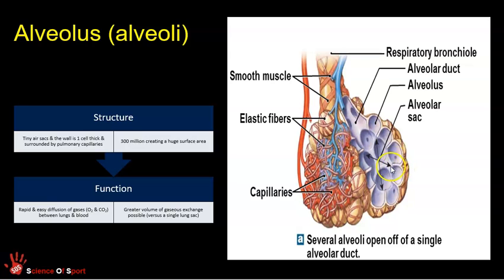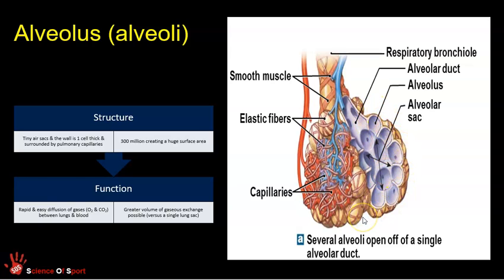Now, the reason we have 300 million is because even though individually it's tiny, because we've got so many, we create a massive surface area. If you think about it, if this was just one singular air sac, the total surface area would be relatively small compared to having loads of individual ones.